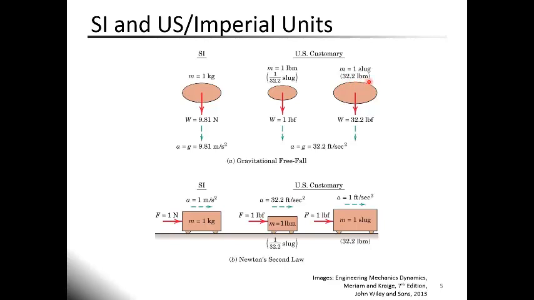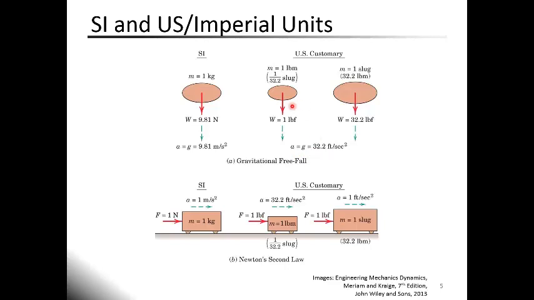If we have this particle with a mass of 32.2 pound mass, or one slug, and we set it free from rest to accelerate towards the ground, we'll find that the force due to gravity, which is the weight, is 32.2 pound force, and the mass would accelerate with the gravitational acceleration, which is 32.2 feet per second squared.